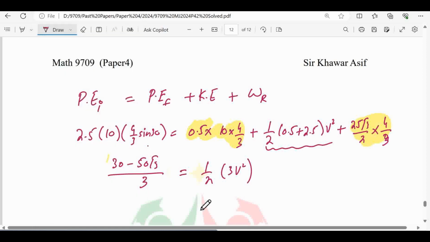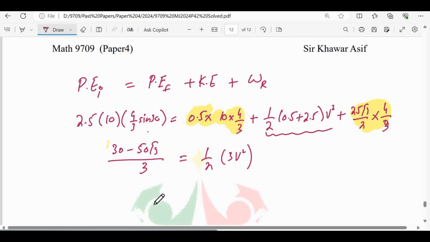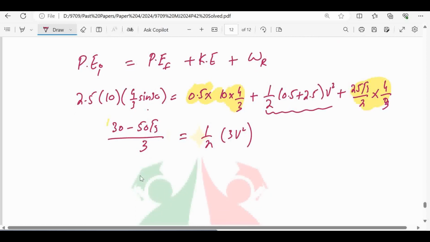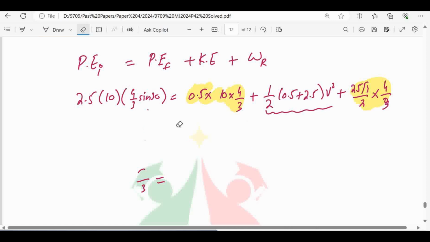Okay, we have to do the whole calculation again. So basically previously this was 50 by 3 minus 50 by 3 is equal to... let me use the calculations one by one. Actually, we have to do the calculations only from here onwards, and we will get the value v.